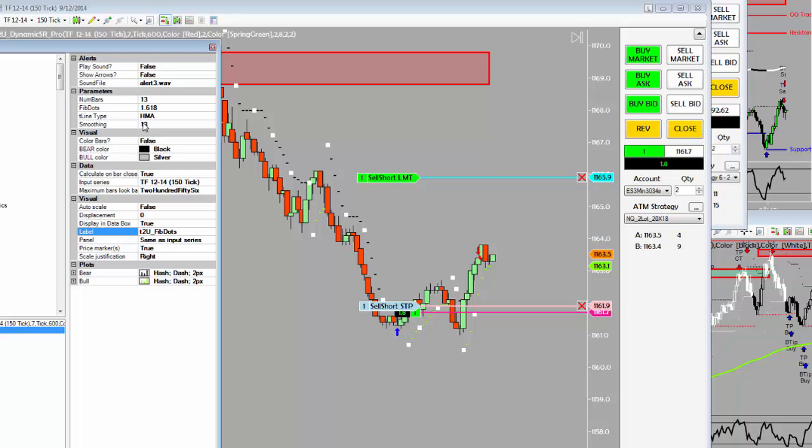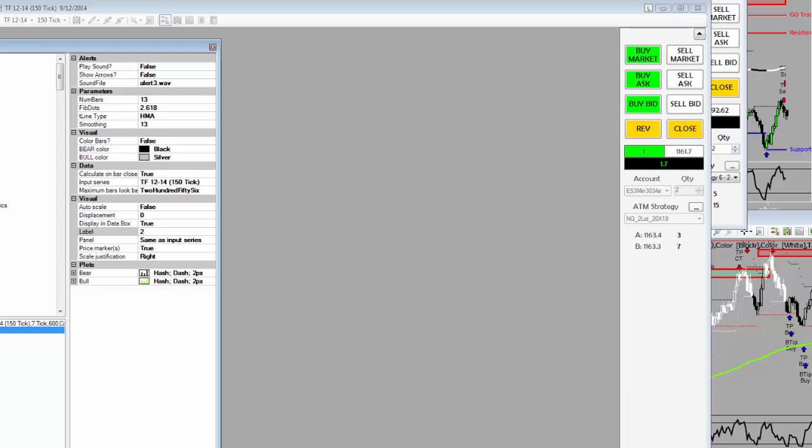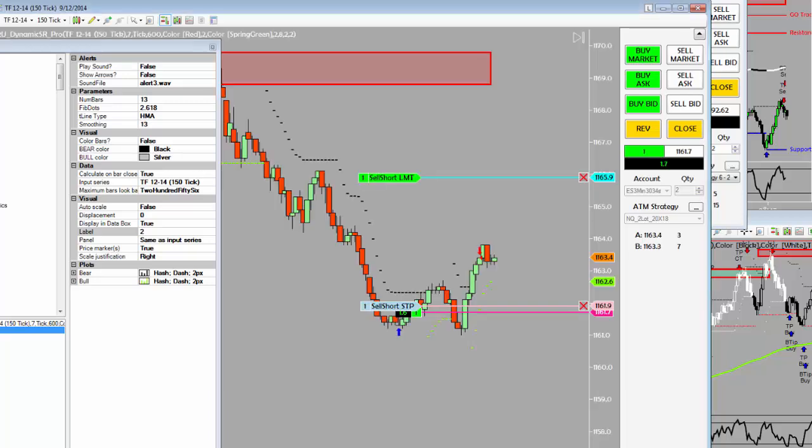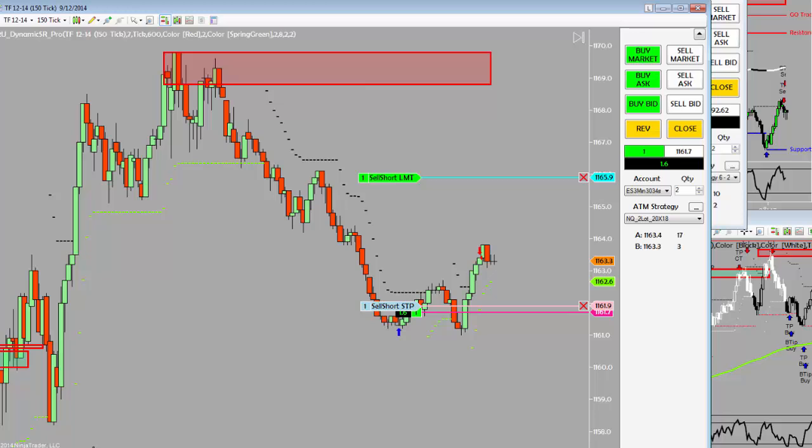I can take it to 2.618. Now you can watch these FibDots will move away from price when I click OK. That gives the market more room for small retracements. Now you can see the FibDots remained above price for the majority of that down move. Allows us to stay in those trends longer. So that can provide visual.